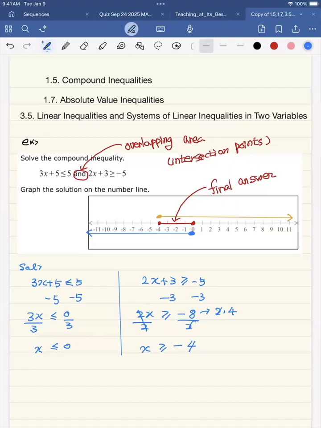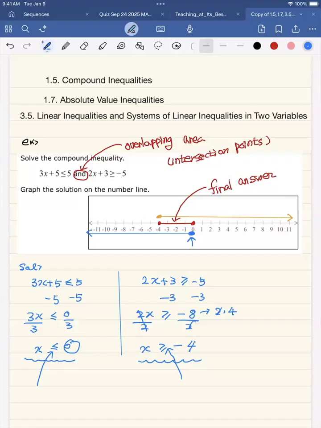When we denote those results on the number line, we have to notice that both have an equality sign. Therefore, at the boundary, in the first case at 0, we have to use disk notation.